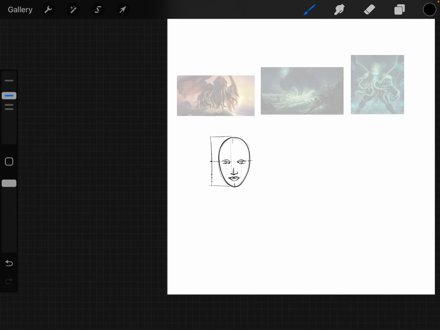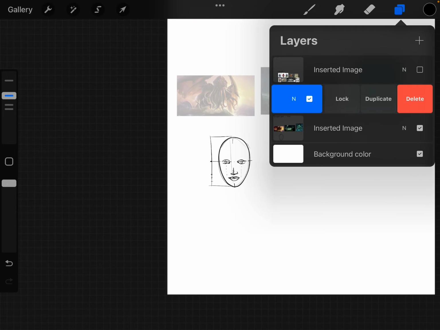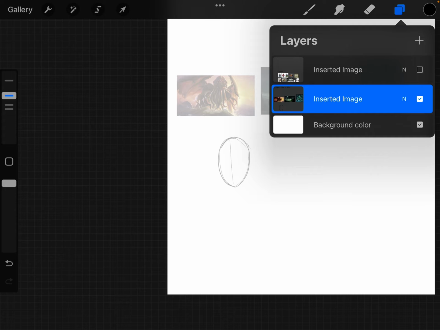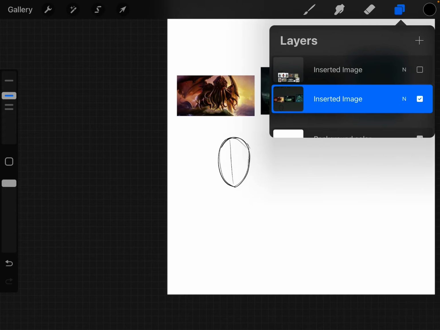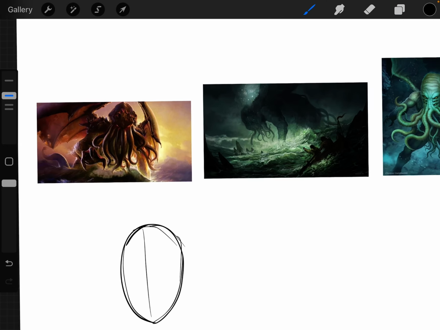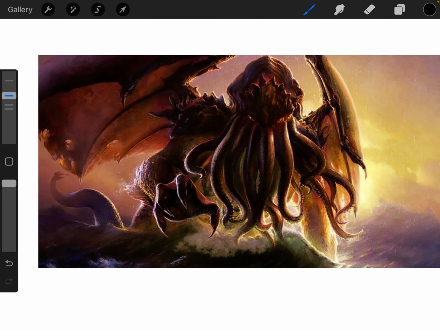Super important. Okay, now let's have a look at these paintings over here, because I got a couple of different ones here to show you, right? So this one is like Cthulhu. He's like a giant dark lord of the ocean, right? Some big demon thing, and he's very big, right?